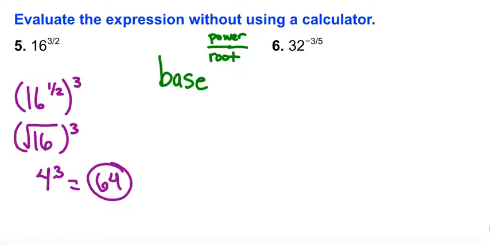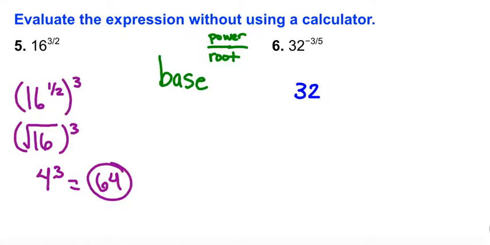So, bottom number is your root, top number is your power. So 16 to the 3/2, the root being a 2, is the square root of 16, which is 4. The top number is your power, so it's 4 to the 3rd, which gives you 64. So let's look at the next one. I'm just going to go straight to the roots. It says 32.